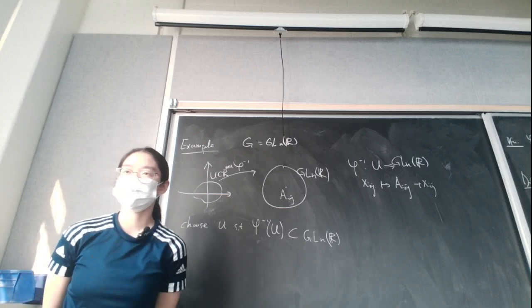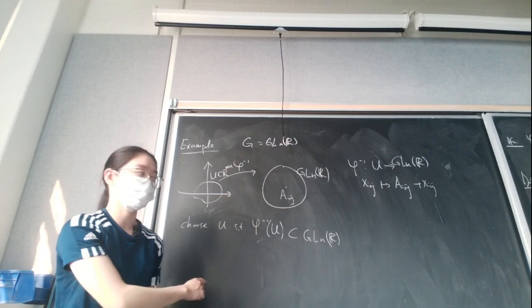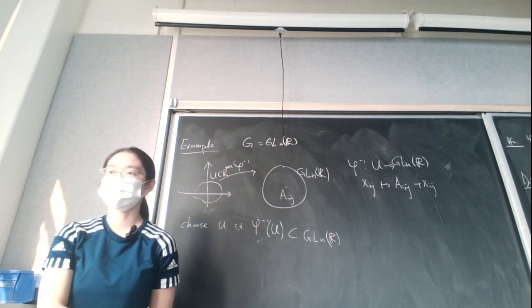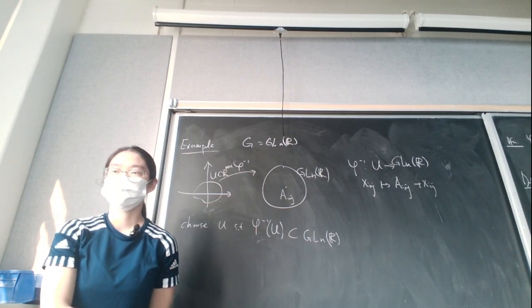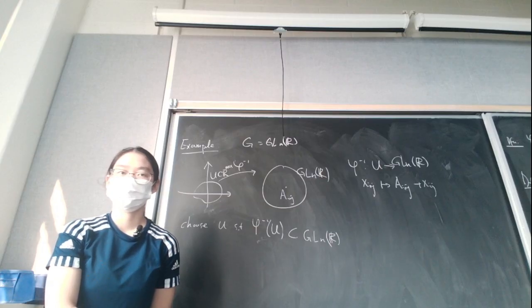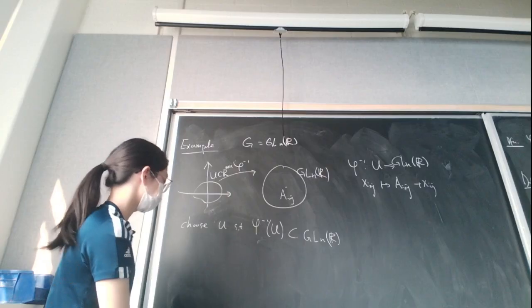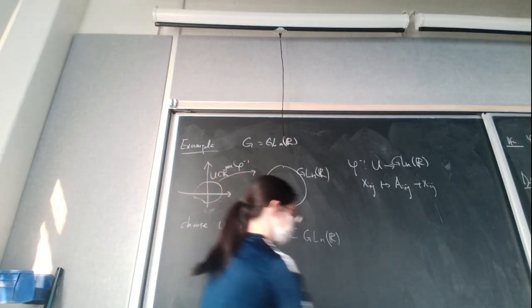You could just take phi to be the identity, and your U could be all of M_n(R) except translated by A_ij. So there isn't really a point to this.